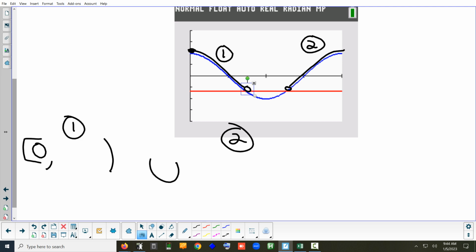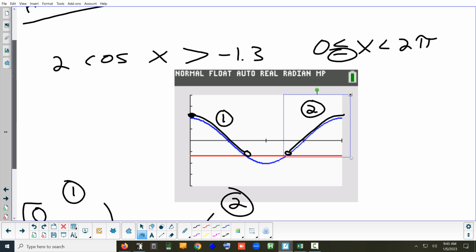For interval 2, I don't know where it starts, but am I including where it starts? No. I have to find where it starts in a second. And look at where interval 2 stops. Where's the right edge of my screen? About 8.